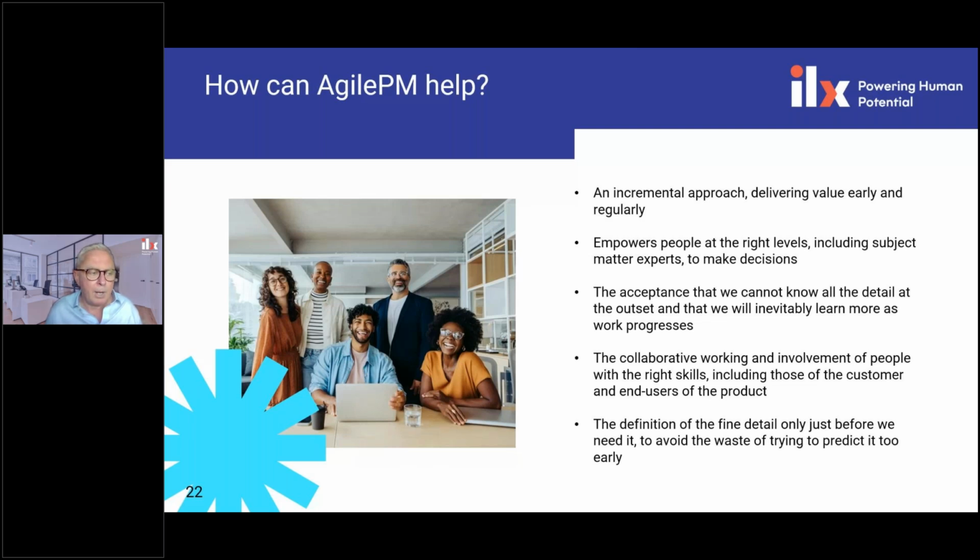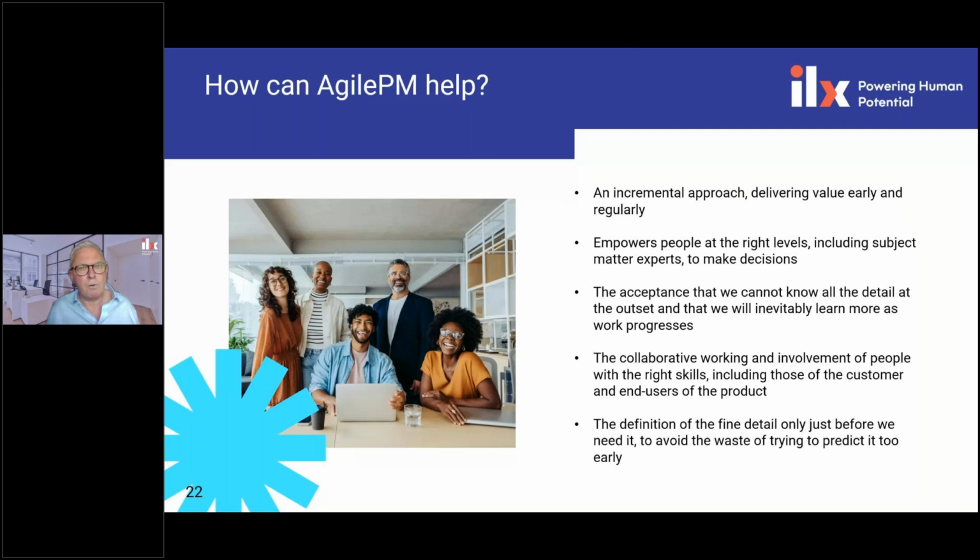But otherwise, where we have that granular change, it's going to aid the project. It allows us to keep moving forward without being held up by bottlenecks of waiting for decisions to be made. Agile will support that and let those subject matter experts, within the right degree of being reasonable, make decisions.